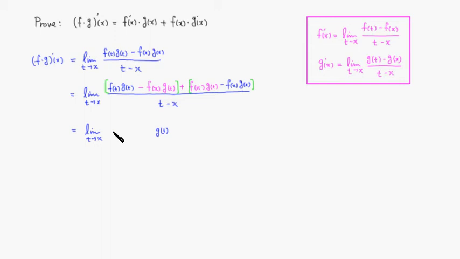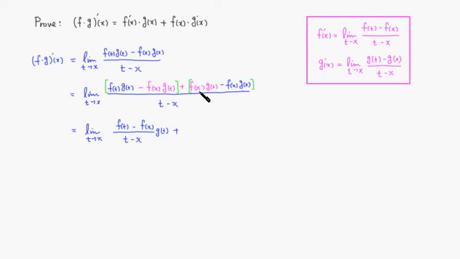Then what's left is f of t from this term, and minus f of x from this term. Then you still have to divide by t minus x. So that's the first two terms, and there's a plus sign there.